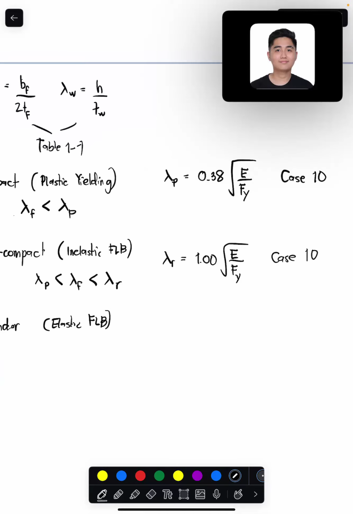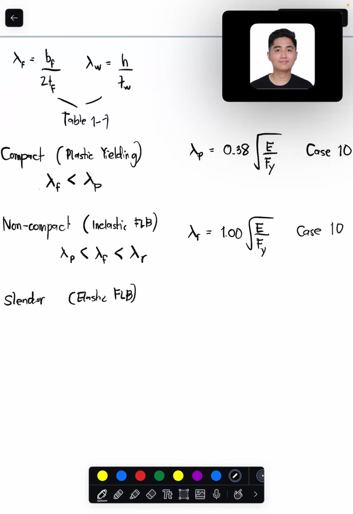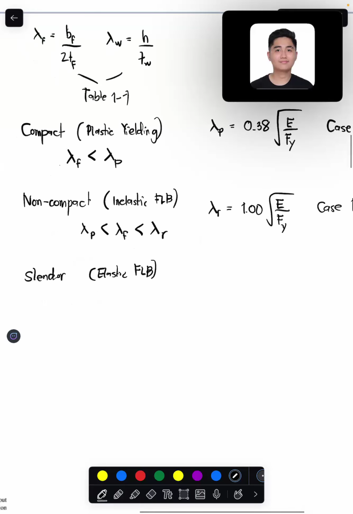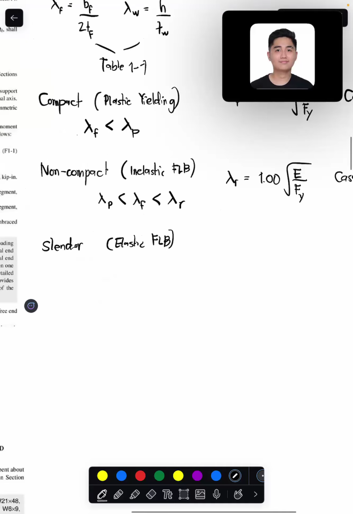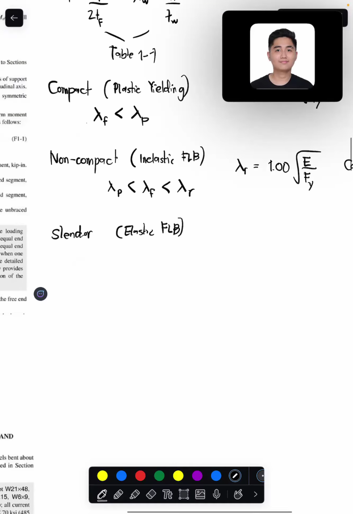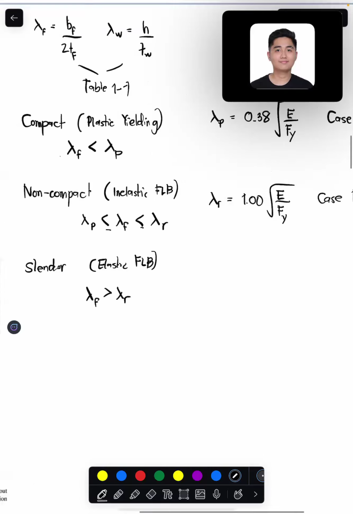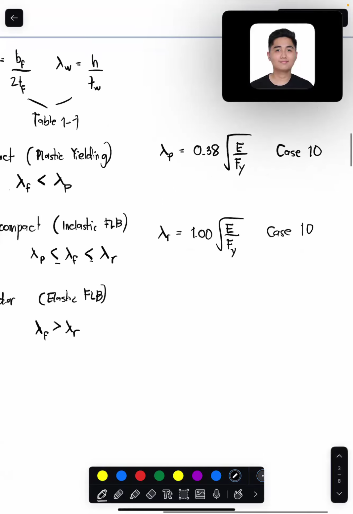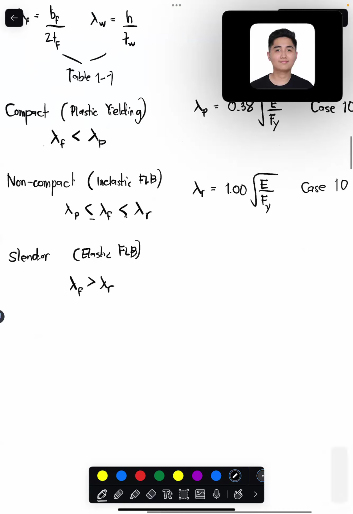And actually, ito yung interesting out of the three na cross-section. Pag slender, ang na-determine mo is si flange mo ay greater than dun sa lambda R mo. So magiging elastic buckling na siya.